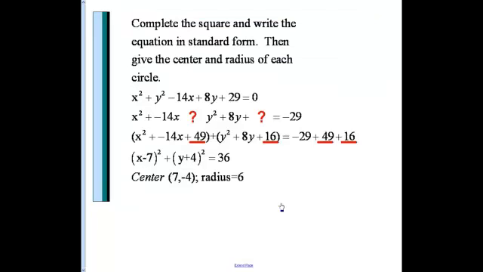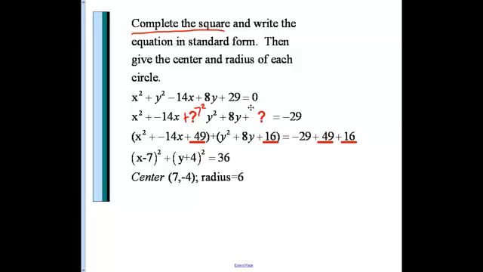So here we want to go from the general form to the standard form, and we have to complete the square. This is something that you've done in algebra, so if you've taken algebra, you should be able to complete the square. If not, what you do here is you take half of this value and you square it. That's where the 49 came from. This is going to be plus 7 squared.